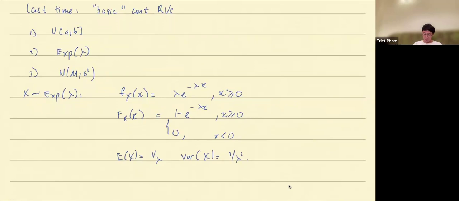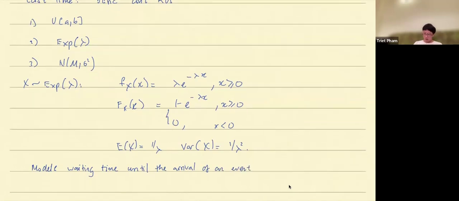The exponential models waiting time until the arrival of an event.